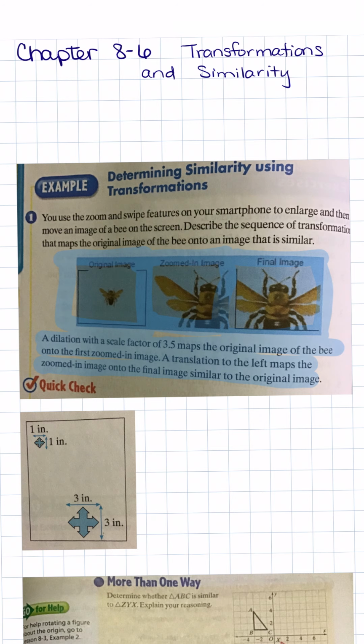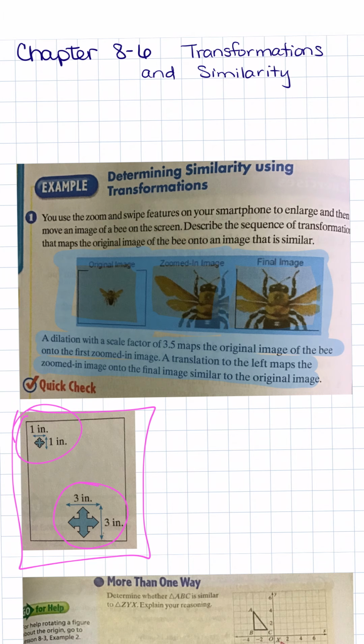A computer graphic designer moves a company logo from the top left to the bottom center of a page and then enlarges the logo as shown right here. Describe the sequence of transformations that maps the original logo onto the final.